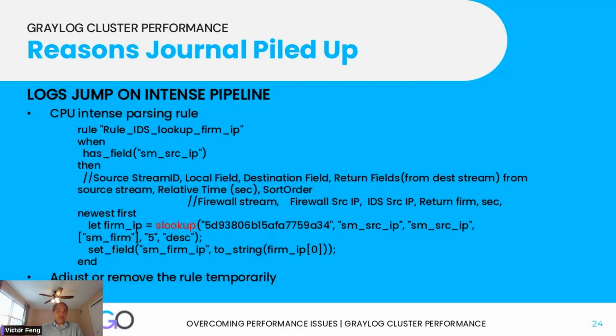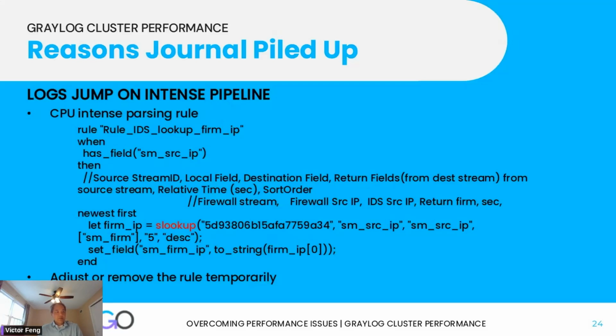All right, third reason. Sometimes you can have a log spike in a pipeline where it already has intense demands for resources. For example, this pipeline rule searches through another stream to get the firm ID. lookup is for stream lookup. It is a third-party plugin. 5D9, etc., is the source stream ID we need to search from.